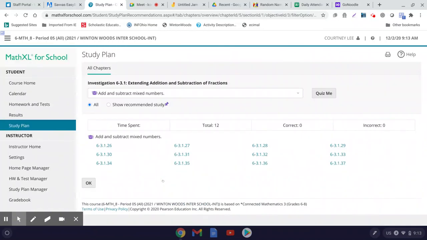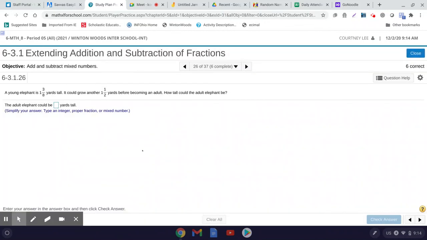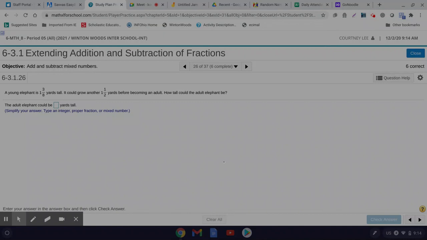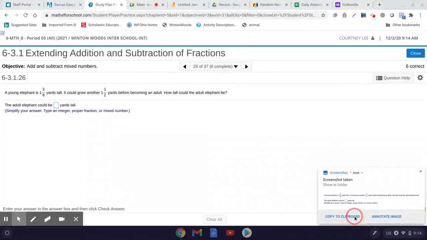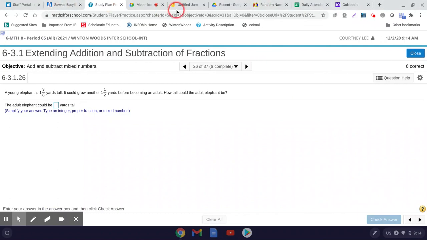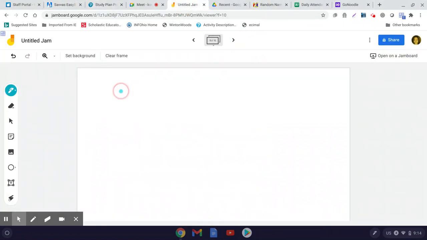All right, so there's actually 2 strategies to add and subtract mixed numbers. Take this first practice problem. Let me go over this first practice problem for adding and subtracting mixed numbers.